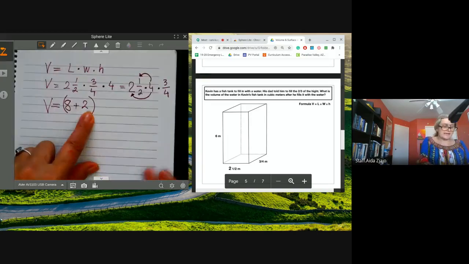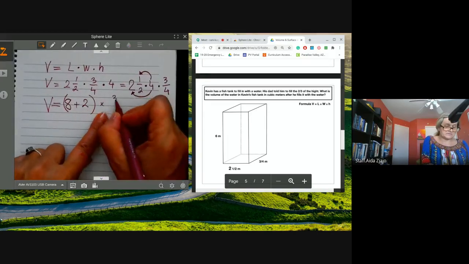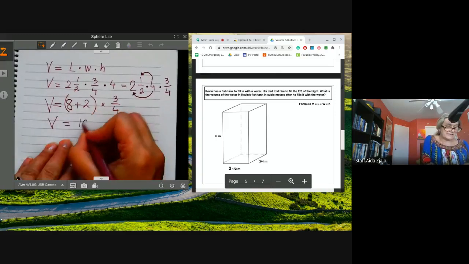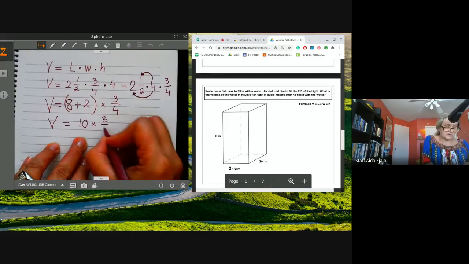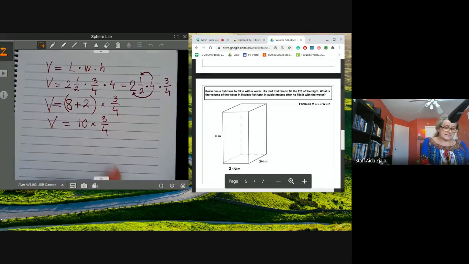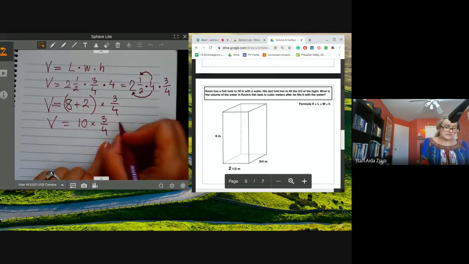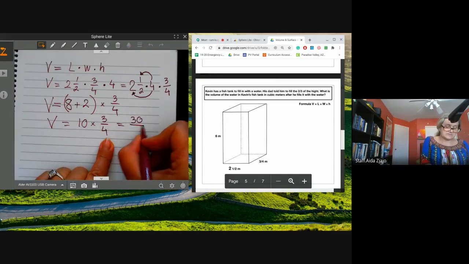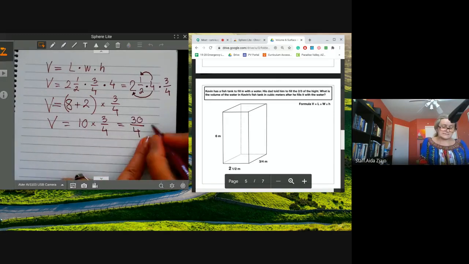And all I need now is to multiply by 3/4. So this would be 10 times 3/4. 10 times 3/4 is really 30/4. And then I will get again 7.5, my answer.